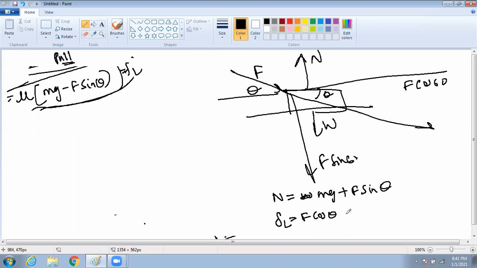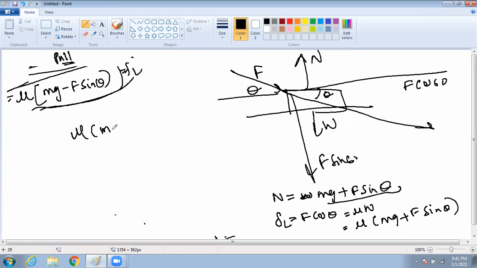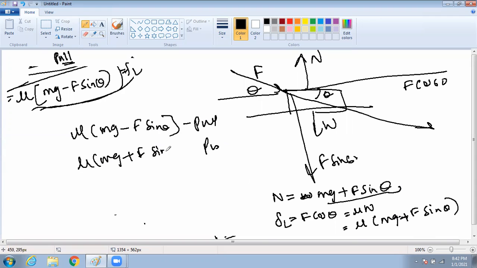So FL will be mu N, which will be mu into (mg plus F sin theta). So for pull it was mu into (mg minus F sin theta), and for push it is mu into (mg plus F sin theta).